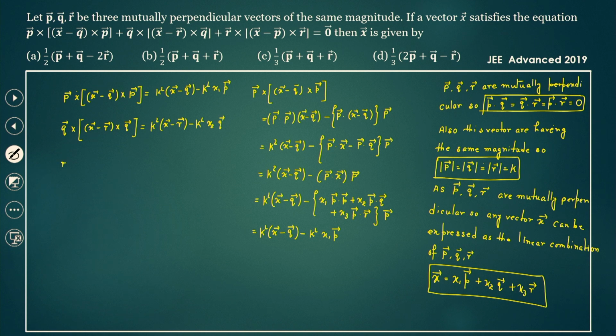Then the last one, r cross x minus p cross r, is equal to k square into x minus p vector minus k square into x3 and r vector, and that's it.